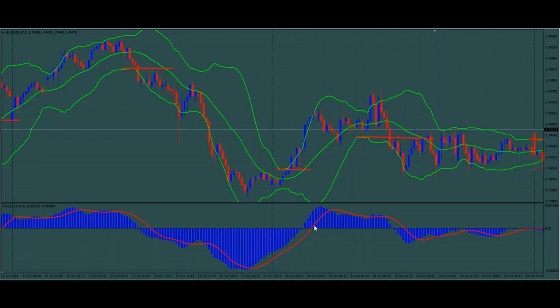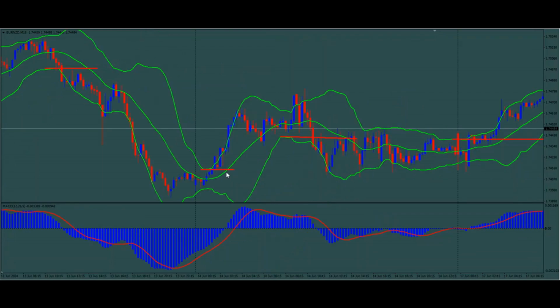See the signal line here, the red line, and you see the MACD histogram, the blue line, is quite above the signal line. This is a confirmation that this is a buy trade. In this case, we open a buy trade. So again, as we place our buy trade, from here, we trail our stop until we get to this point, and here you will be able to make a reasonable amount of money.